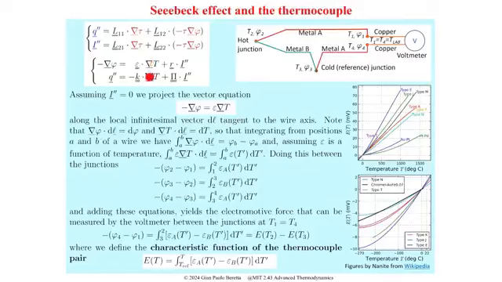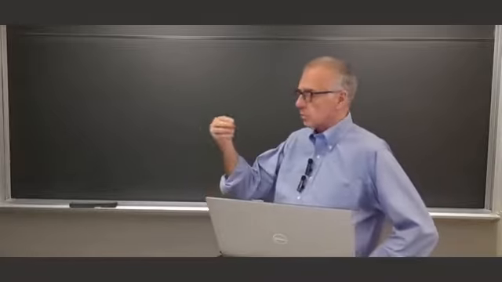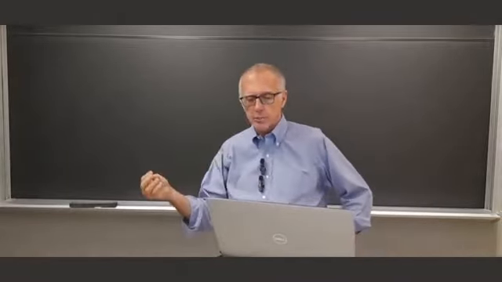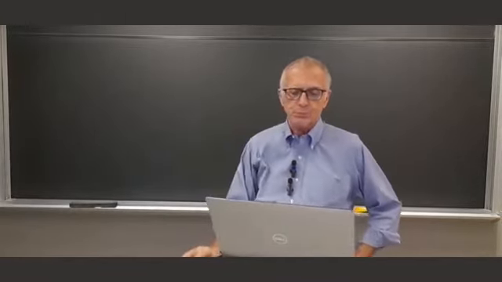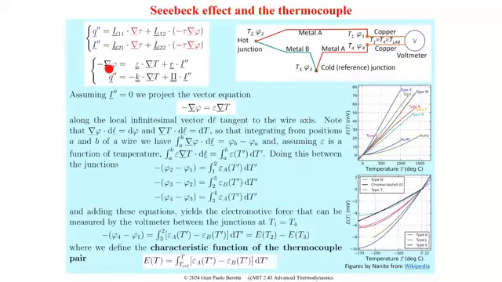So if we apply these equations to an electric current that runs in a wire in which there is a temperature gradient, then you have this expression here that relates the temperature gradient, the electric current, and the voltage drop along the wire.